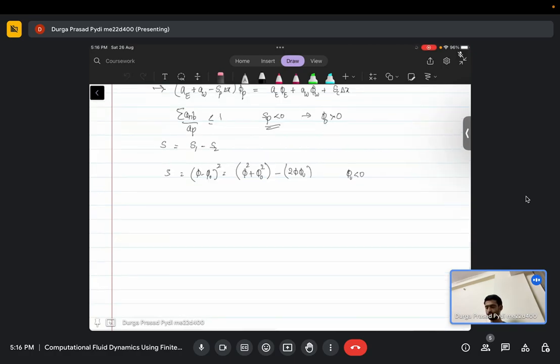So when you split your source term into two components, one gives SP as positive and the other gives SP as negative, say S1 and S2. For S2, you do a slight modification: multiply and divide with phi, but instead of taking phi, we take the previous iteration value, phi star.